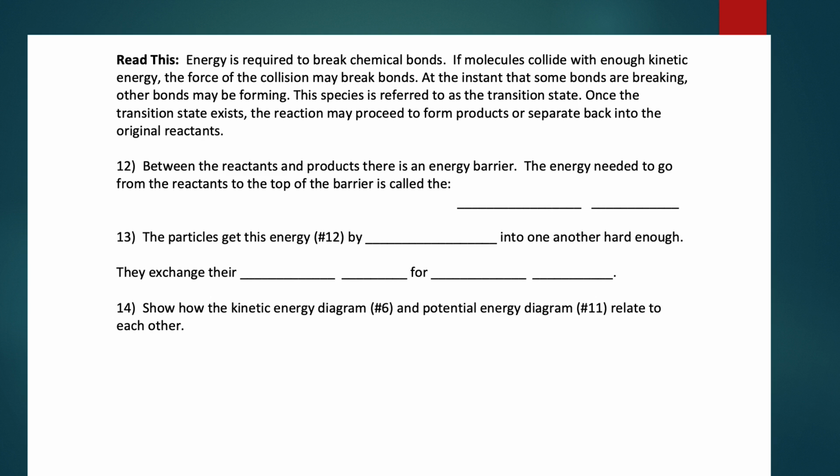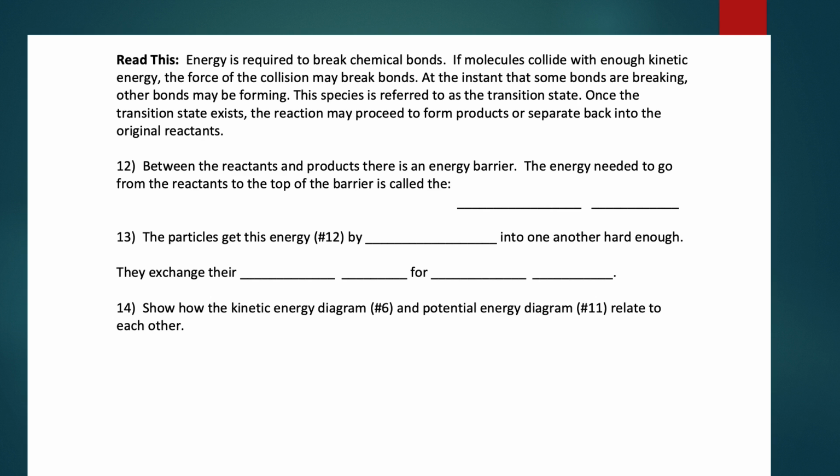Usually when I put a read this into my POGIL activities it is to give additional information. In this case, energy is required to break chemical bonds. Once again, this should have been covered in thermodynamics when you're discussing thermochemistry. They should know that the breaking of bonds requires energy, and bond formation gives off energy.